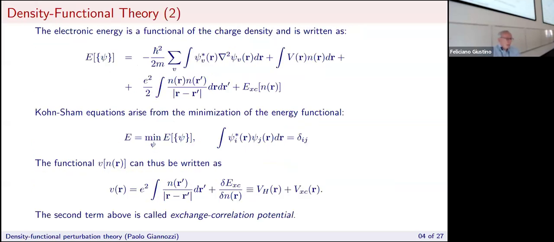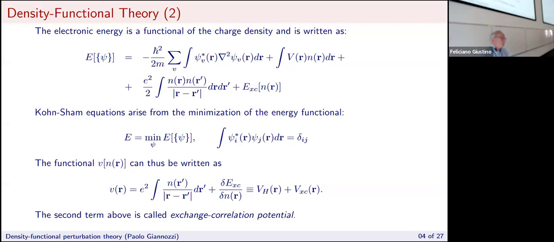So we may write down the electronic energy as a functional of the charge density, in which you have a kinetic term, the non-interacting electrons kinetic term, an external interaction term, interaction with the external potential, which will be the potential of the nuclei, and a Hartree term, an electrostatic term, and finally all the rest under the form of an exchange correlation, what we call the exchange correlation energy.